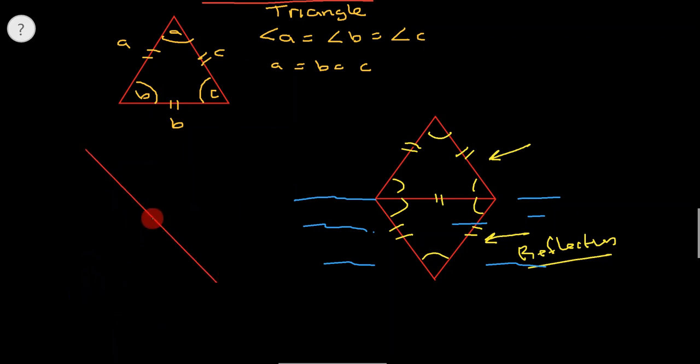So that's one line. Then you can draw another line through that like this. So that's 2 lines.